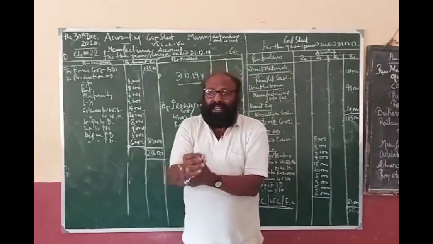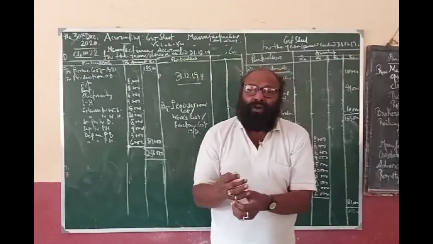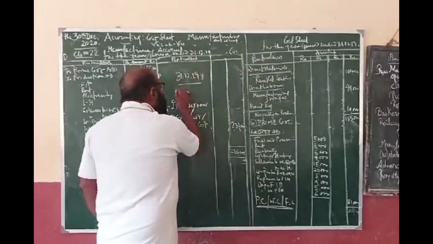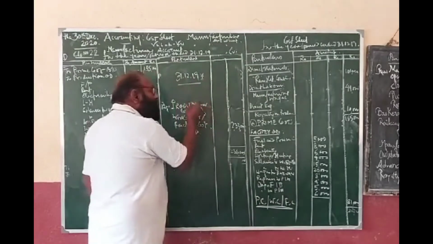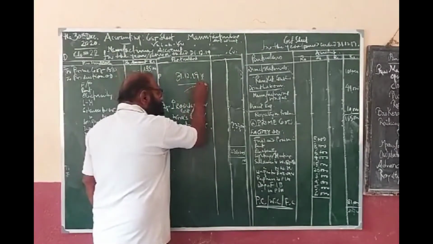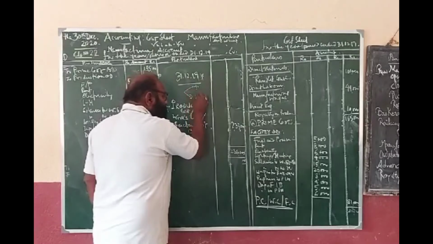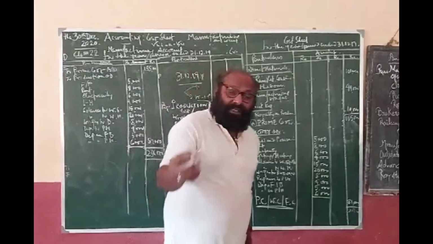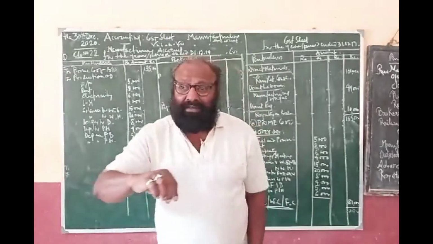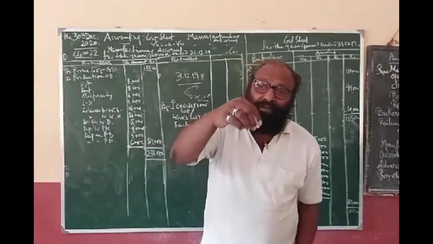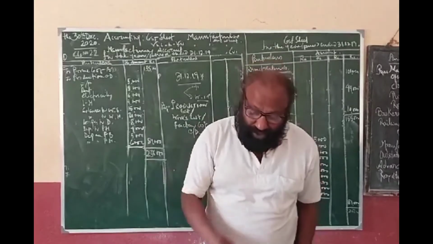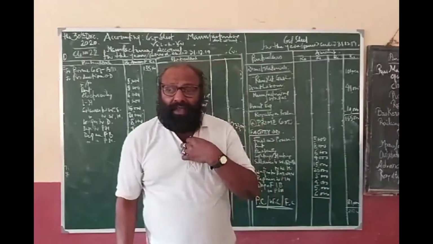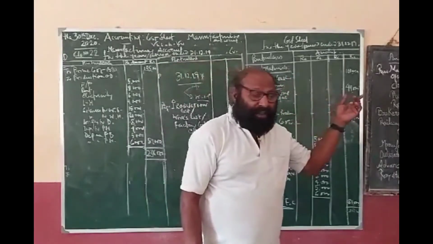The goods which are non-finished are known as semi-finished goods or work in progress. As a result of production activity, we get some finished goods, and some work in progress. Work in progress means some work has been done, but the product has not been fully produced. That is known as semi-finished or unfinished goods.